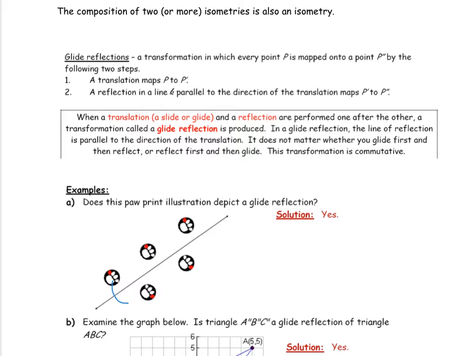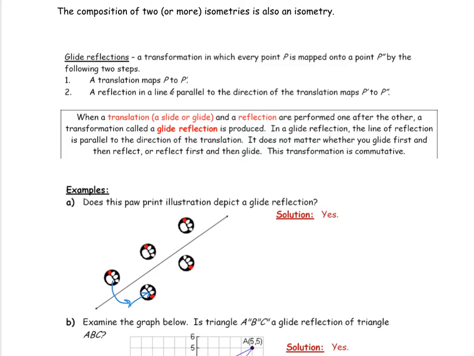If we reflect and then glide, again, we will end up with that same image after we do that composition. So the paw print in this particular instance is a glide reflection, and this is the one time, this glide reflection, where we can do them in reverse order. We're going to see some other compositions where it will matter what order you do the transformations in.